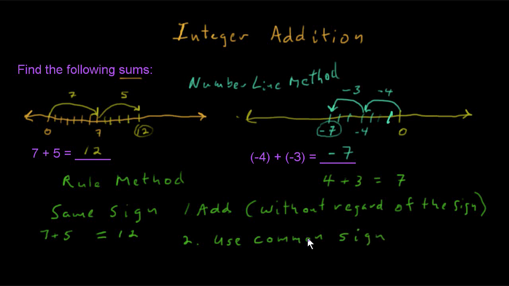So our sum, our answer, will have the common sign. In 7 plus 5, they're both positive, so the sign is positive. So we get a positive 12. On the second problem, they were both negative, negative 4 and negative 3. So the common sign is negative, and so our answer then is negative 7.